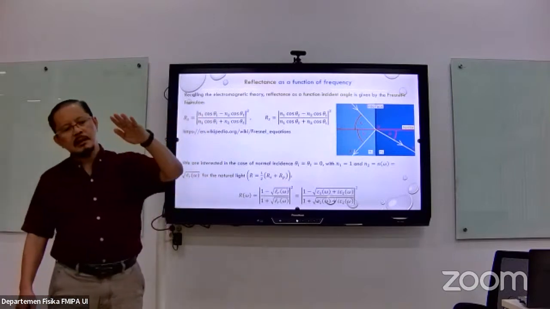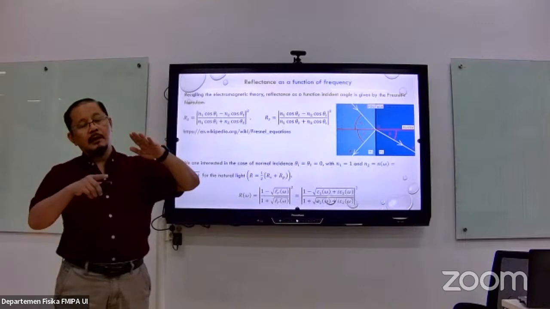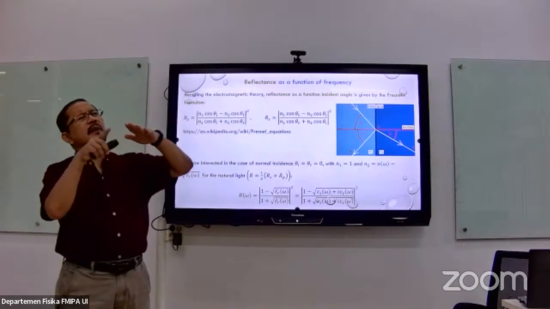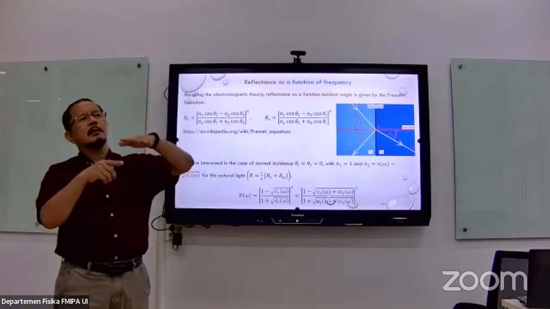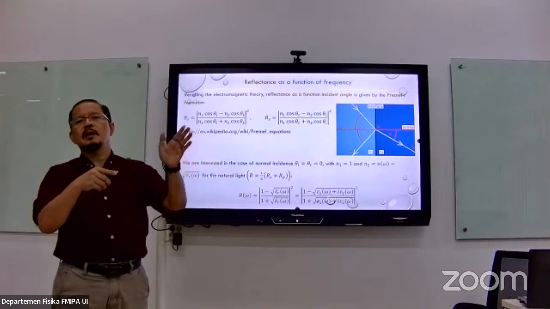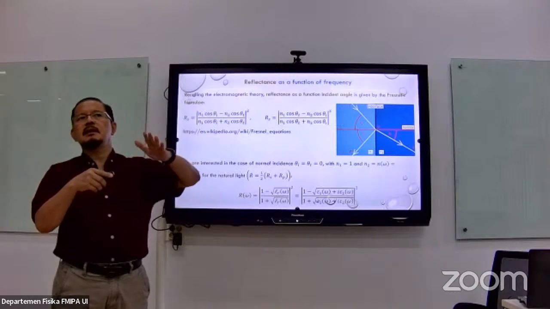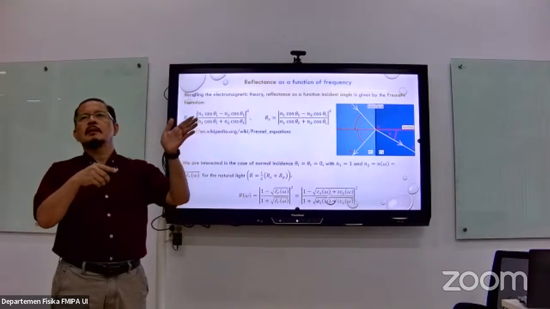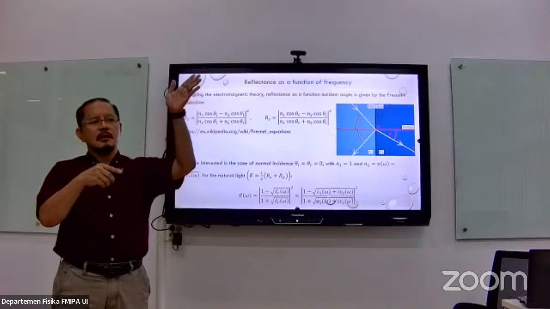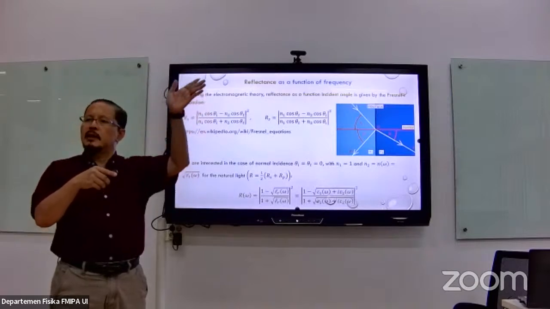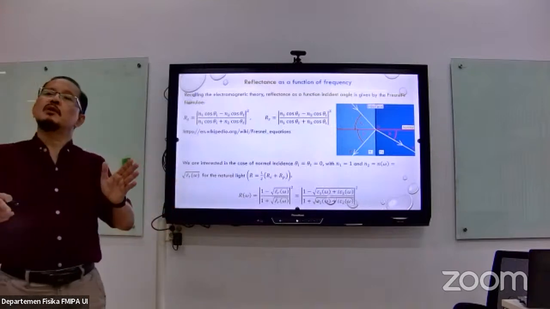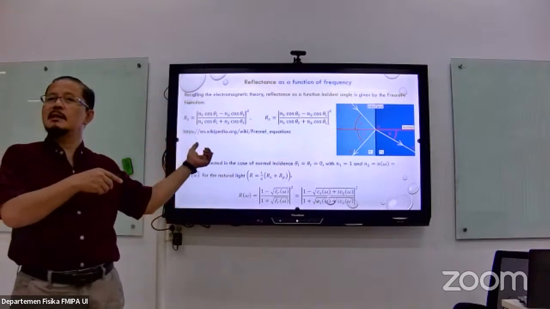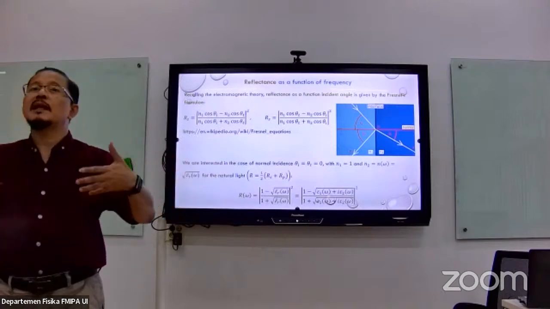S means the electric field vector is perpendicular to the plane of incidence, whereas P means that the electric field is parallel to the plane of incidence. When you study electromagnetic theory, these details need to be considered very carefully.